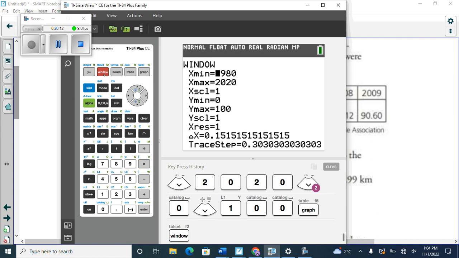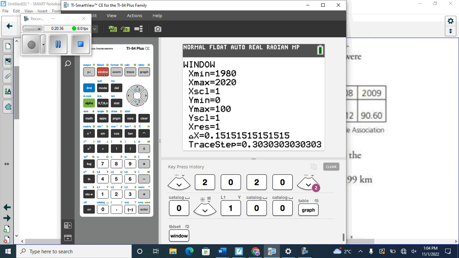Yeah, that's the problem. Don't do negative, do 1980. Is your window the exact same as mine? You put your equation in twice. Your equation is different. You must have done it twice and it just doubled it.